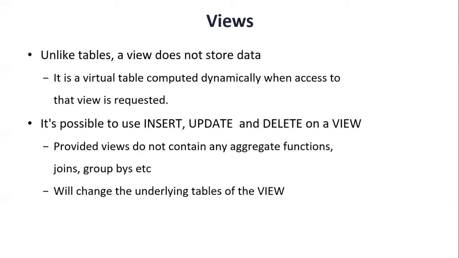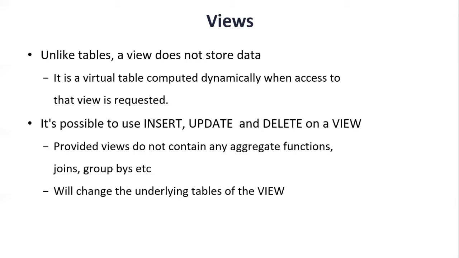But these operations where the values get updated are only possible when we do not have any aggregate functions, joins or group by operators in the select query of the create view query.